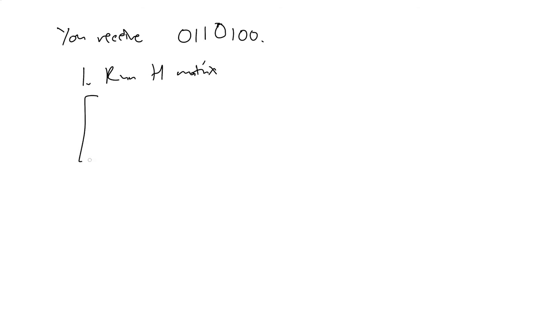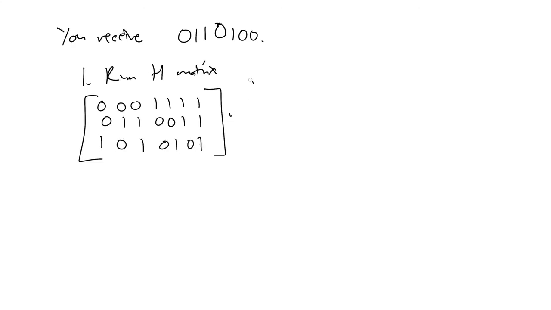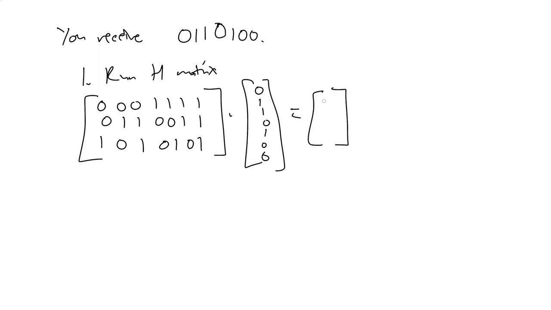And so again, we have as our checker matrix 0, 0, 0, 1, 1, 1, 1, 0, 1, 1, 0, 0, 1, 1, and 1, 0, 1, 0, 1, 0, 1. We're going to multiply that by our 7 bits, which may or may not be a code word. And we're going to discover that it's not a code word, because if you multiply that out, and I'll let you do that on your own, you're going to get 1, 0, 0.